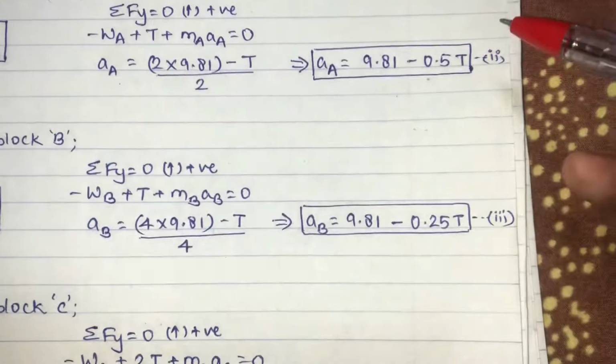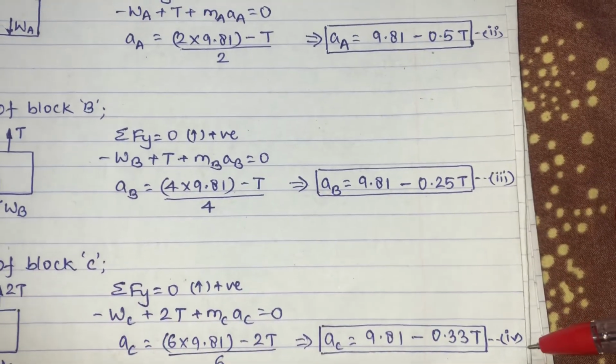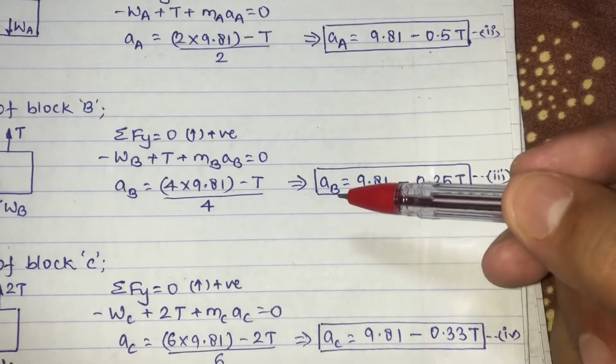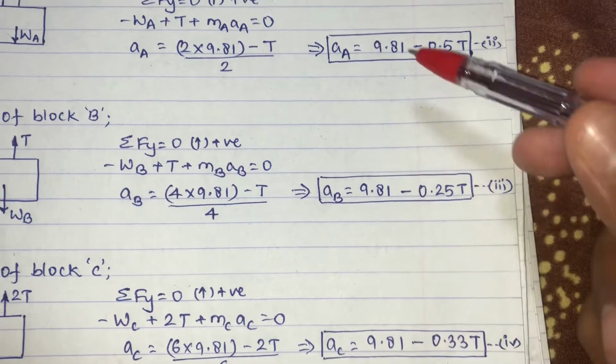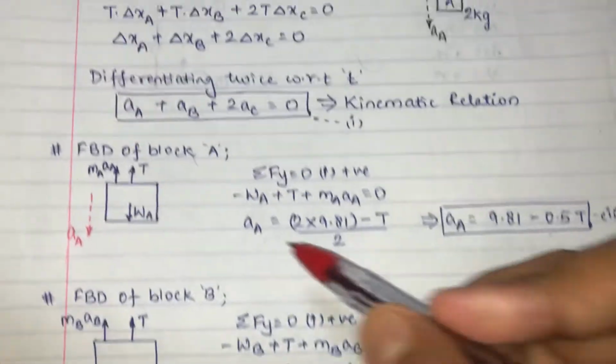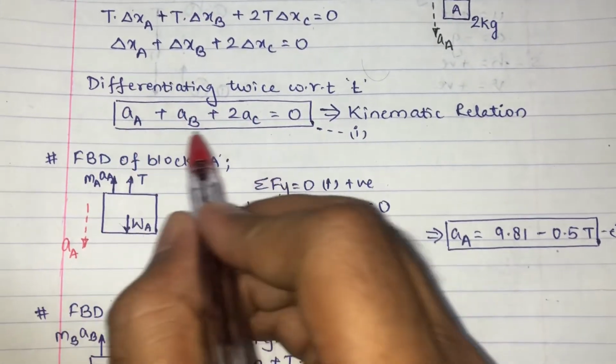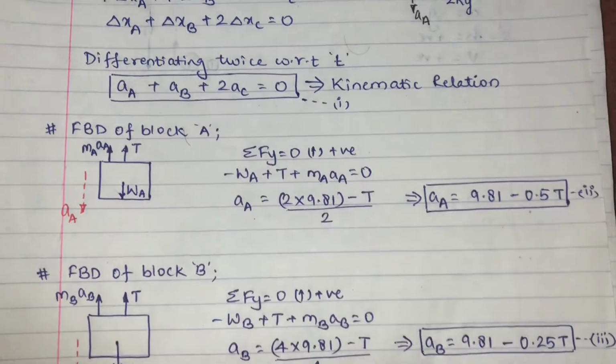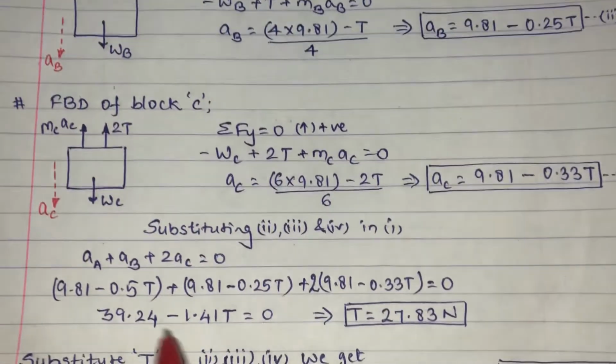Now we have equations 2, 3 and 4 for AA, AB and AC.